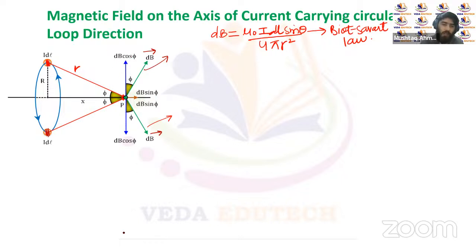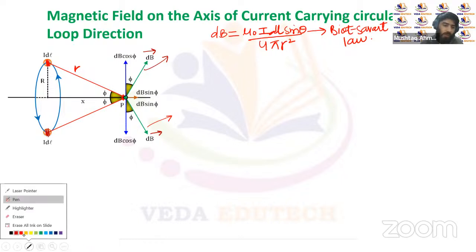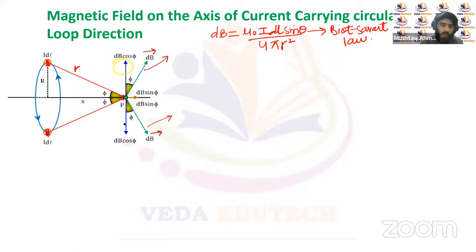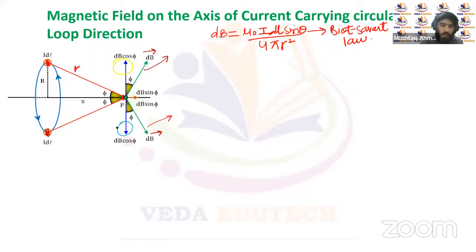You can clearly see there are two components here. This is the one component, and this is the other component. The two components actually cancel out each other.